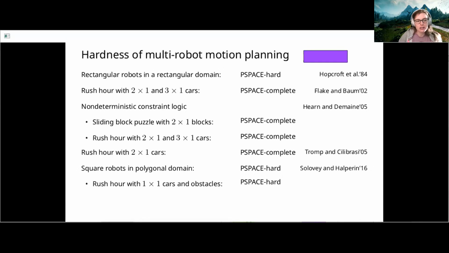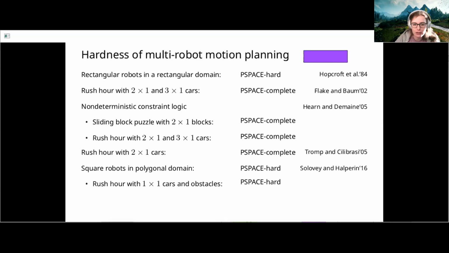And finally, getting to square robots, so 1 by 1 cars. Of course, then you need to start considering obstacles, right? We need polygonal domains, because if you put a bunch of squares of the same size in a rectangular domain, of course, you can reconfigure them.